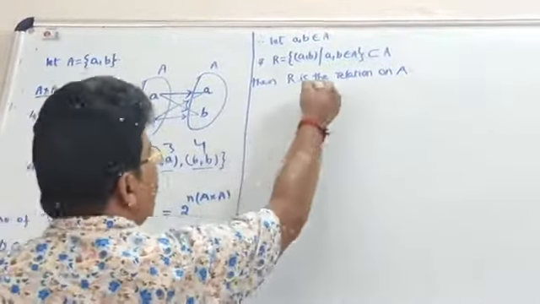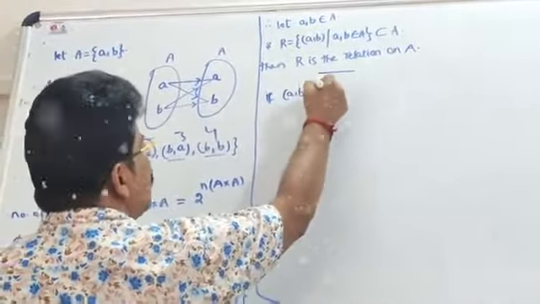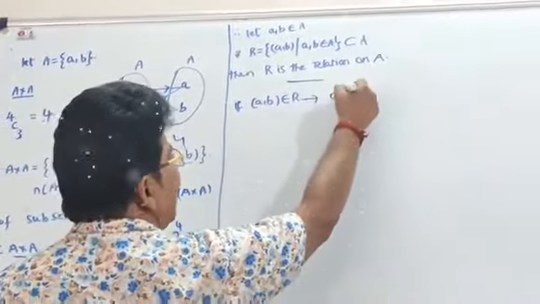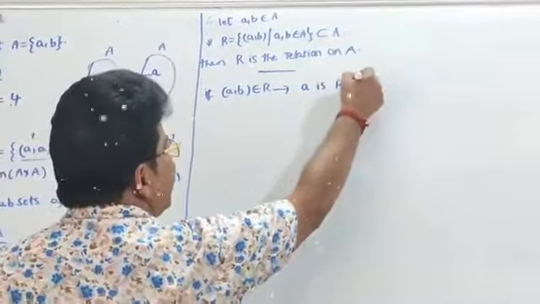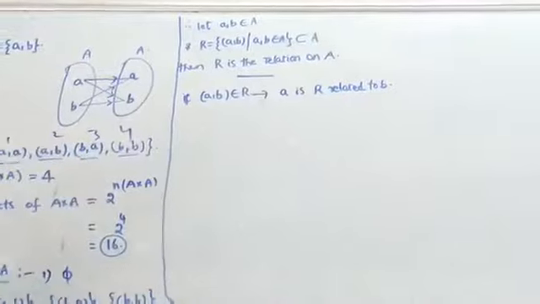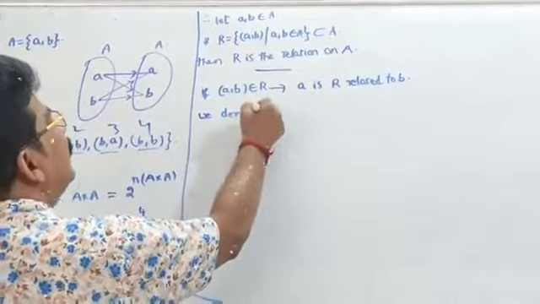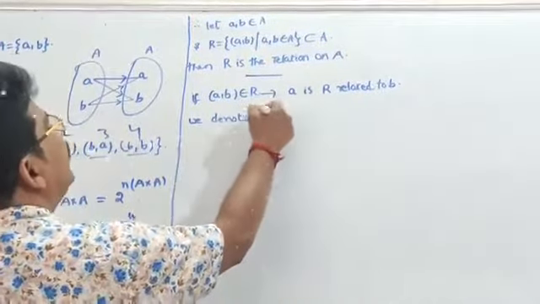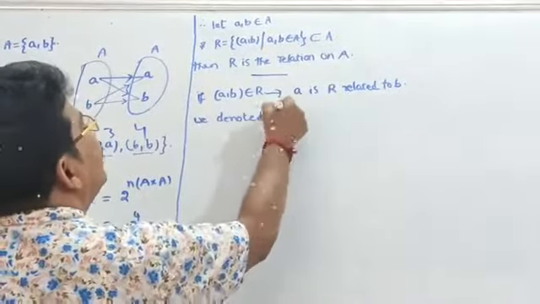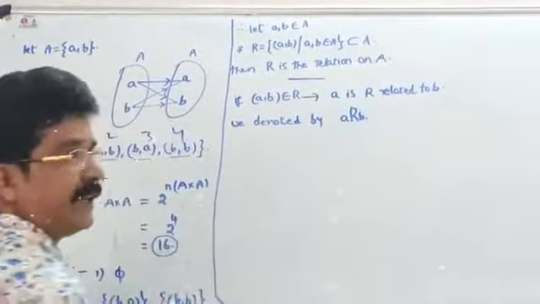So in other words, if a comma b belongs to capital R, then we write it as a is R related to b, and we denote this by a R b, just like that.